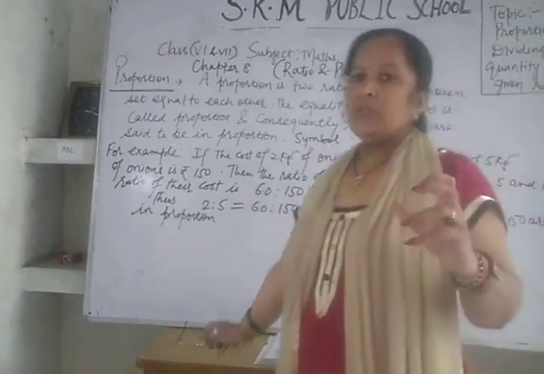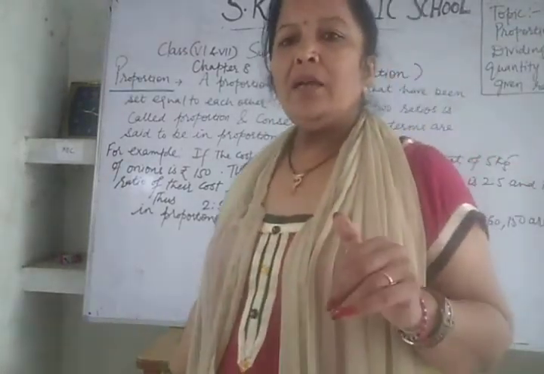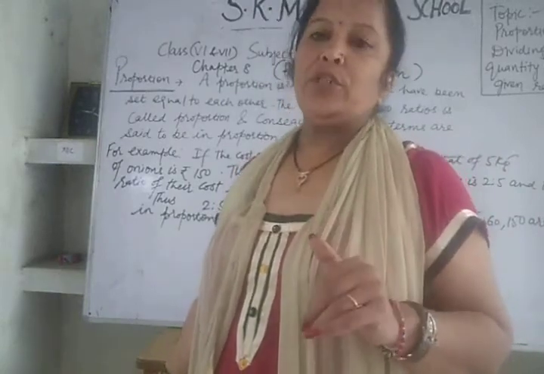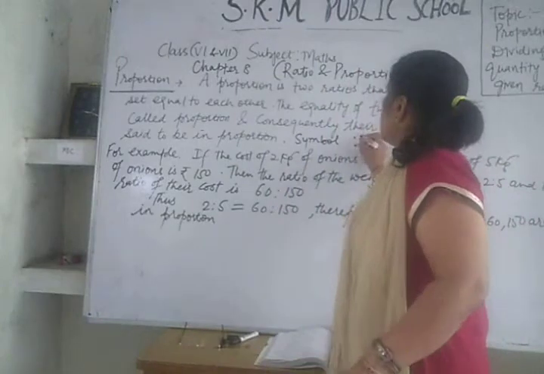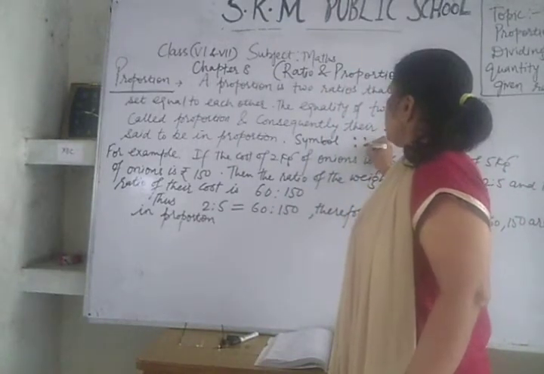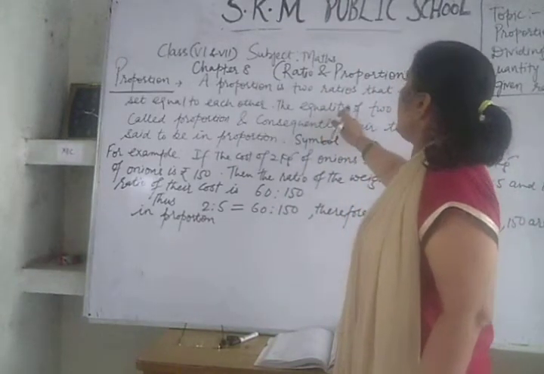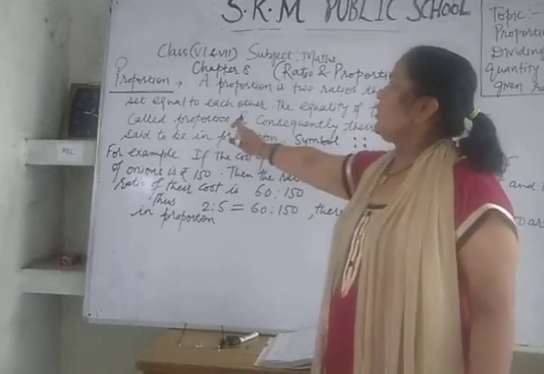There are two ratios, and both ratios are set equal to each other by an equality sign or by the proportion sign. The equality of two ratios is called proportion.